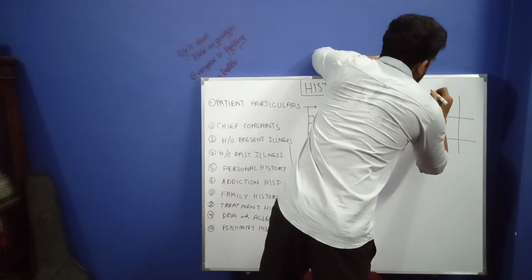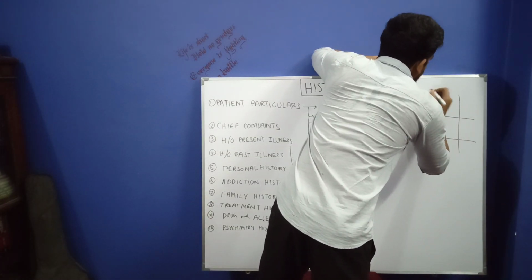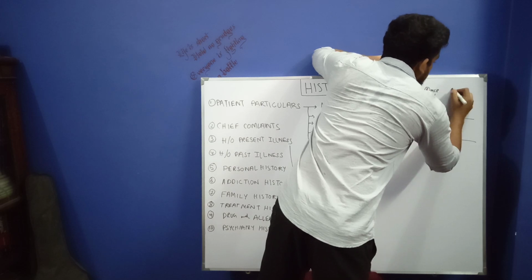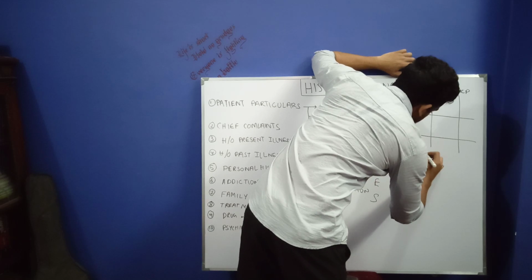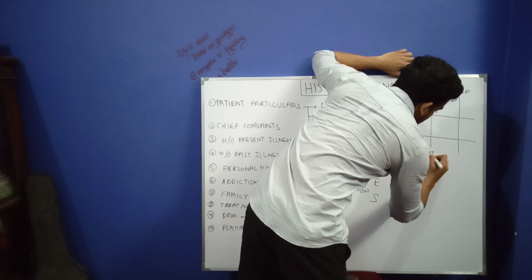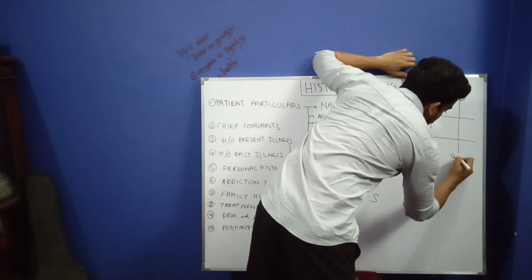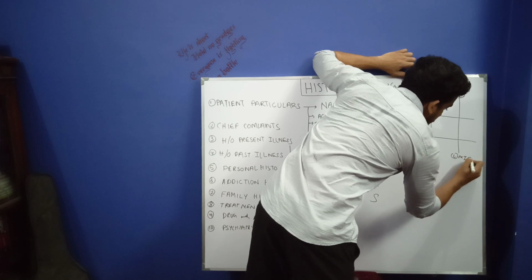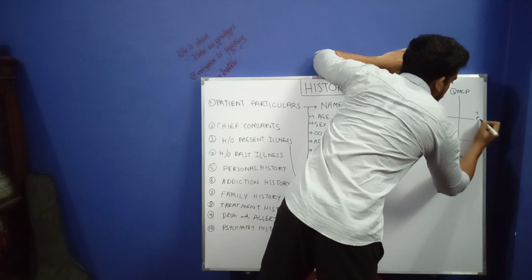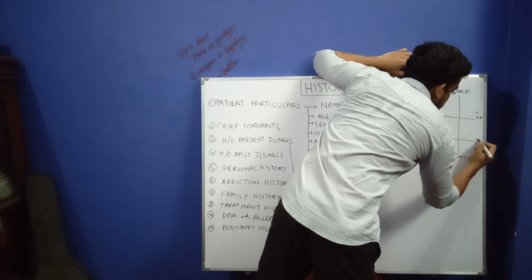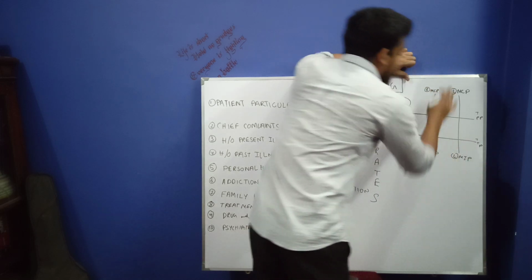So this is the right mid clavicular point, then this is the left mid clavicular point. This is the right mid inguinal point, left mid inguinal point. This is the Trans-Pyloric Plane, and this is the Trans-Tubercular Plane. Understood?